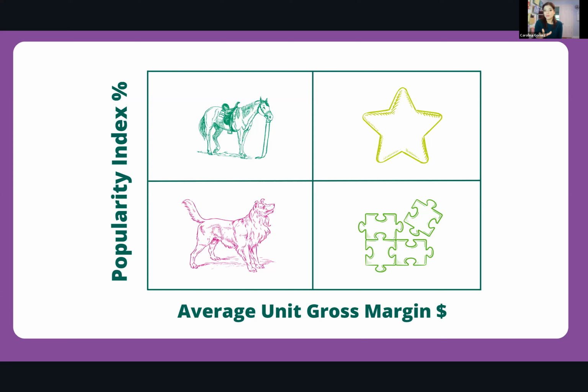It is a pretty simple chart, but once you apply it every time you add a menu item and you analyze your menu items, you'll get a rhythm to figuring out what works in your menu and what you have to replace or take out.